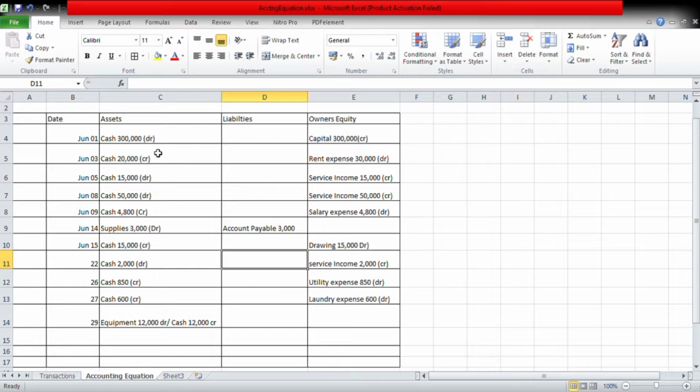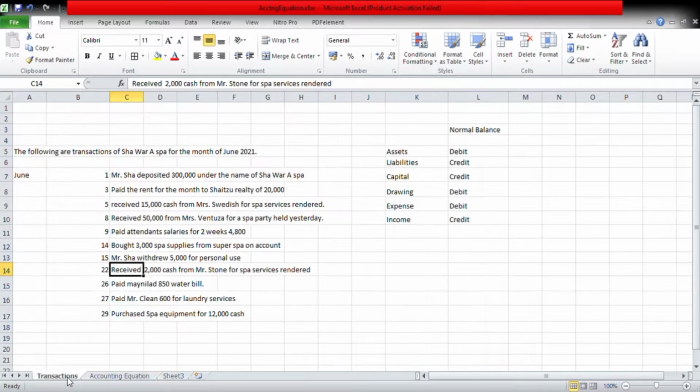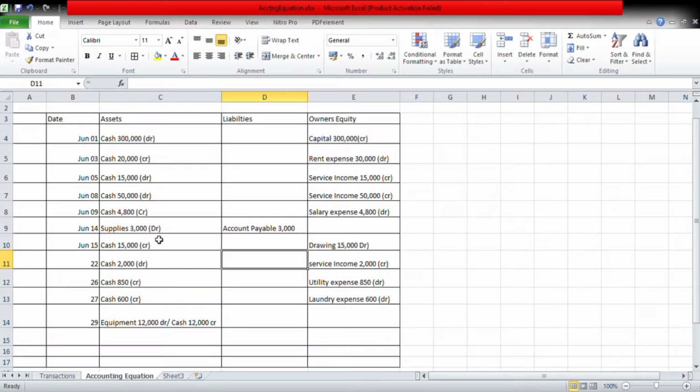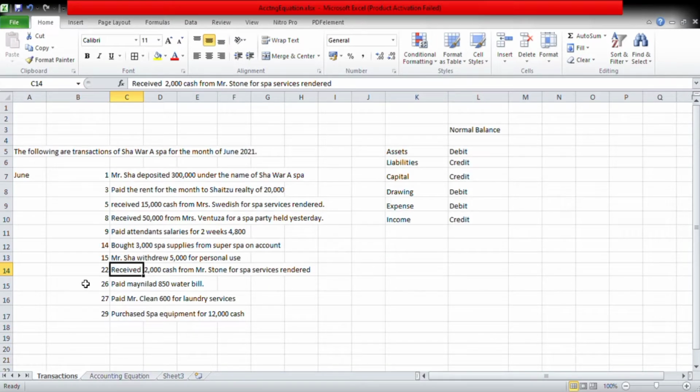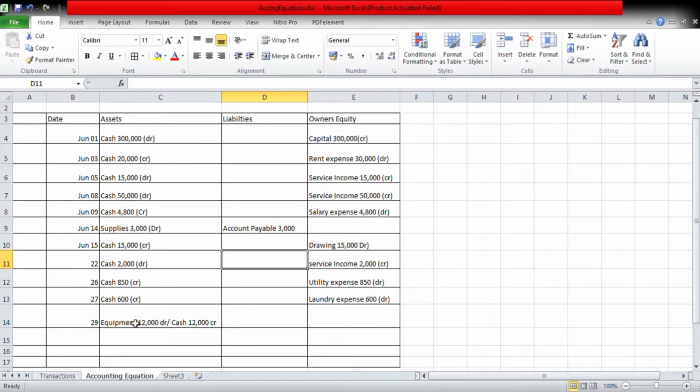So for June 1, this is how you write the accounts on your accounting equation. Just follow this, and I will give other examples of transactions of another service business, and then write them in your journal notebook.